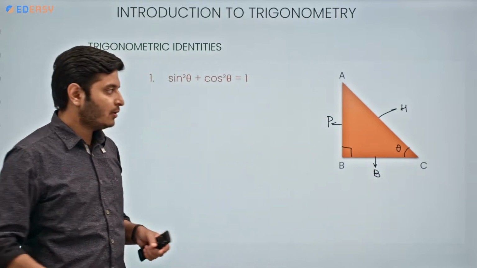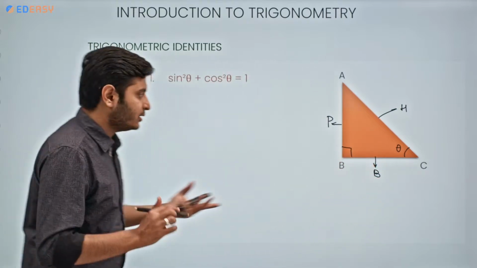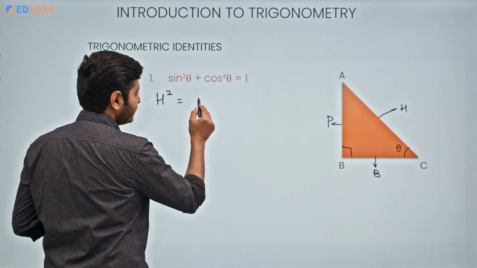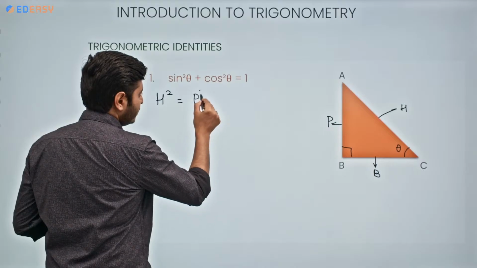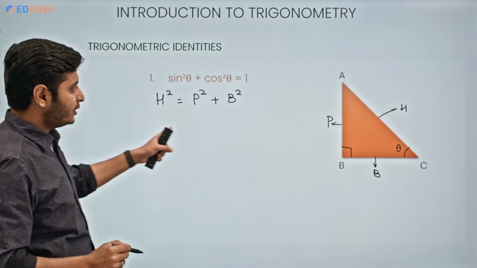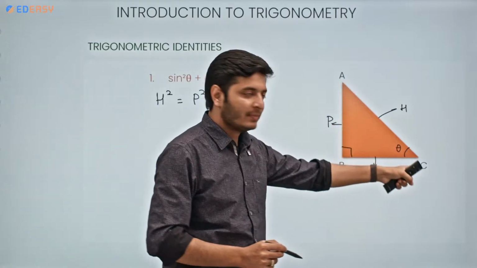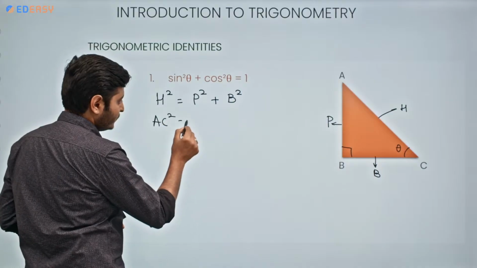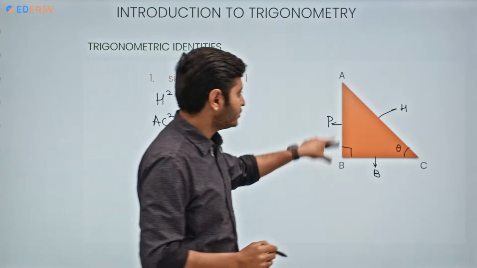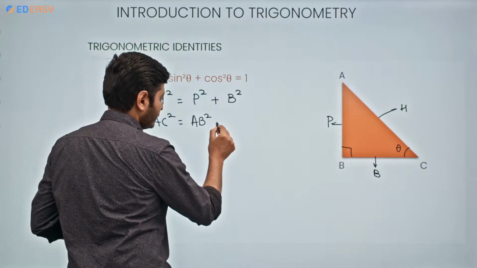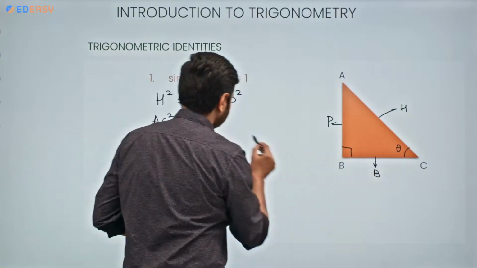Now, according to the Pythagoras theorem, hypotenuse square will always be equal to perpendicular square plus base square. Hypotenuse square means AC square is equal to perpendicular square means AB square plus base square means BC square.